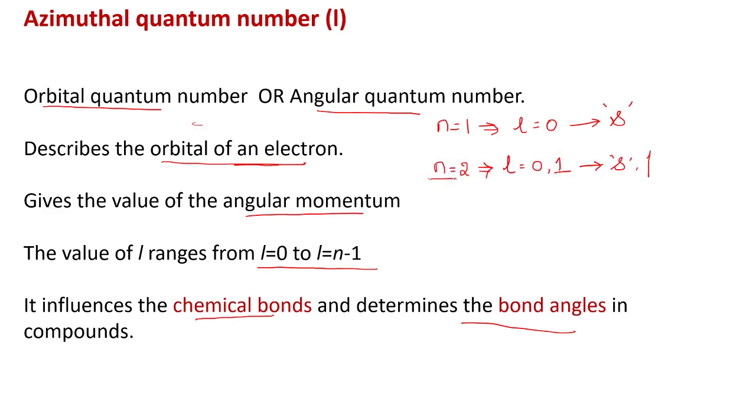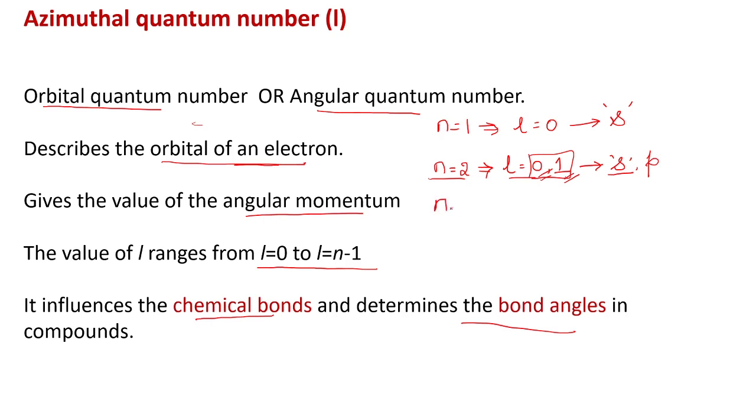Now if n is equal to 2, then L can have the values 0 and 1. Therefore, it will have an s orbital because the value is 0, and it will also have one more orbital because the value is 1, which is called p.